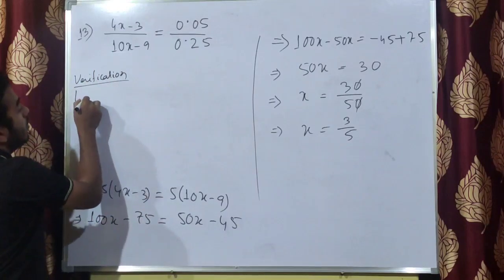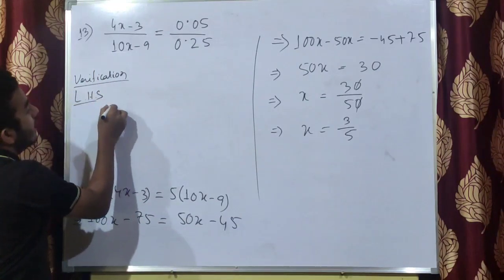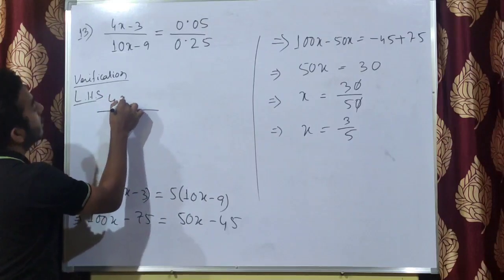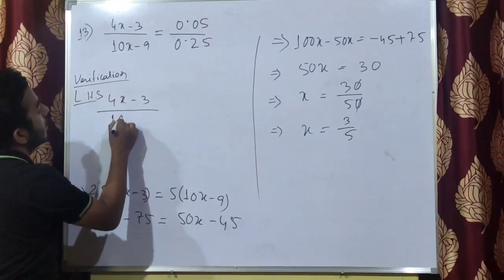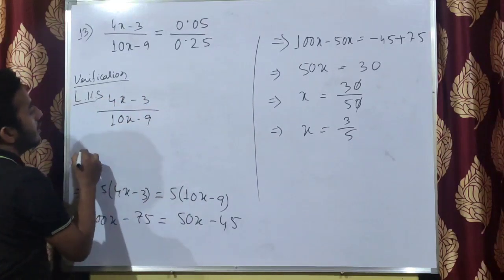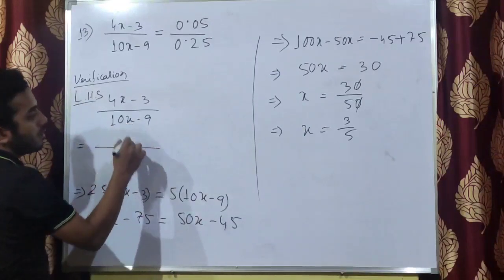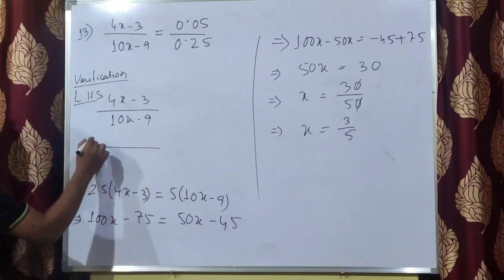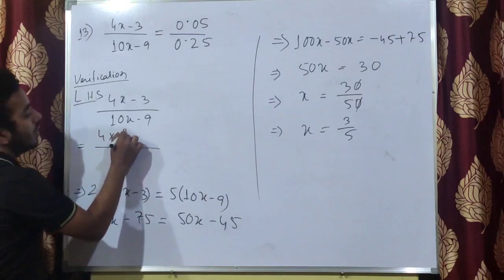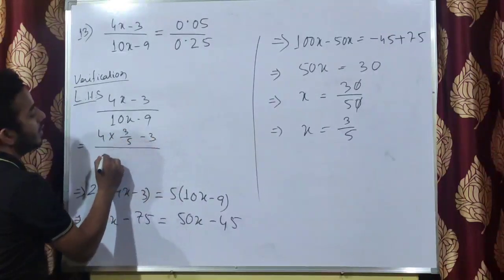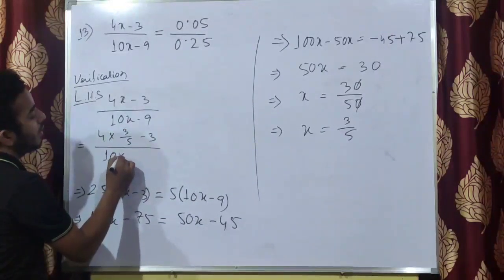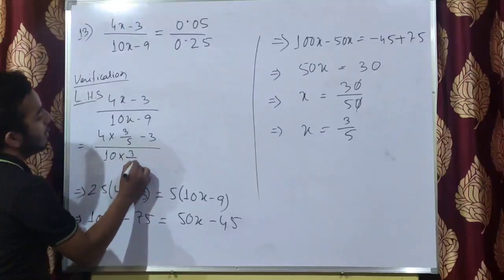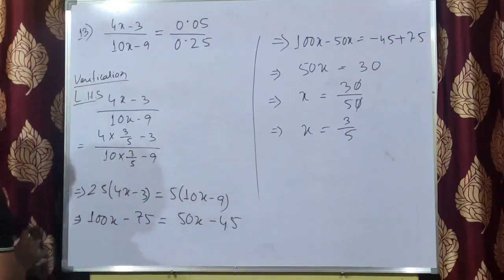In verification, first of all we write the LHS: (4x minus 3) by (10x minus 9), putting the value in place of x. What do we write? 4 into 3 by 5 minus 3, then 10 into 3 by 5 minus 9.